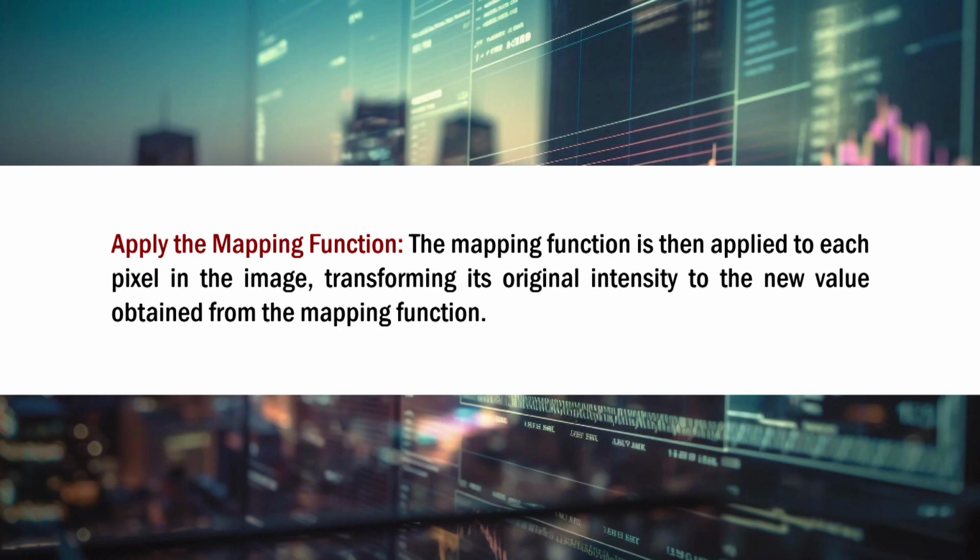Next, applying the mapping function; how to apply it, we should learn. The mapping function is applied to each pixel in the image, transforming its original intensity to the new value obtained from the mapping function, which is very much required for this particular task.